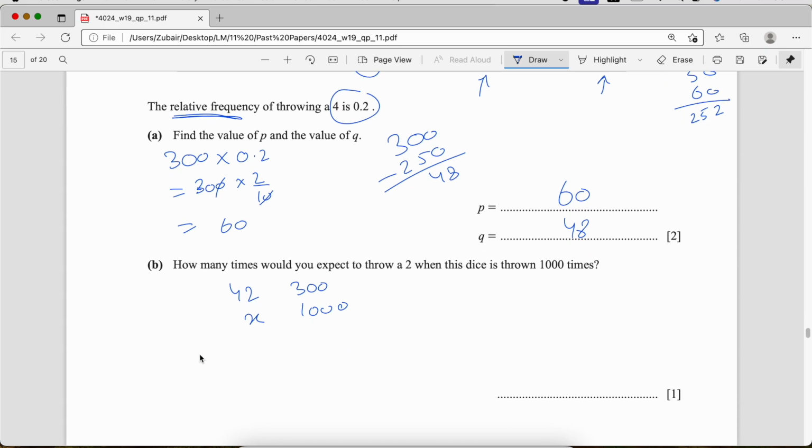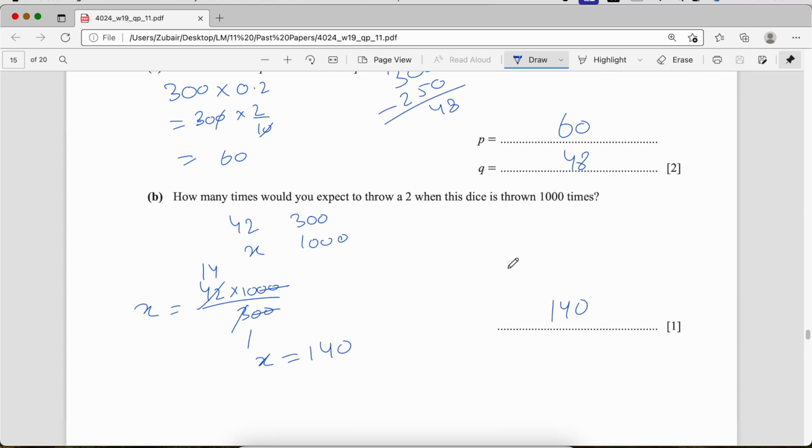So that is 42 into 1000 by 300 equals x. We get rid of these two zeros, and 42 is divisible by 3, that's 14. 14 into 10 is 140. So I'd expect 140 times 2 would appear.